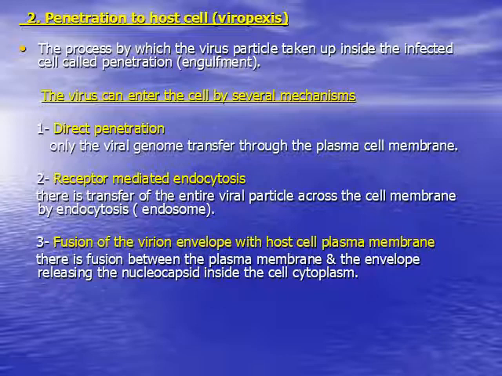In receptor-mediated endocytosis, there is a transfer of the entire viral particle across the cell membrane by endocytosis, forming an endosome. The third way of entrance of the virus inside the infected cell is the fusion of the virion envelope with the host cell plasma membrane, releasing the nucleocapsid inside the cell cytoplasm.